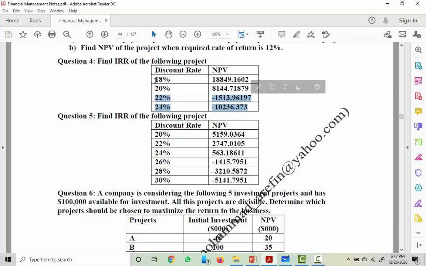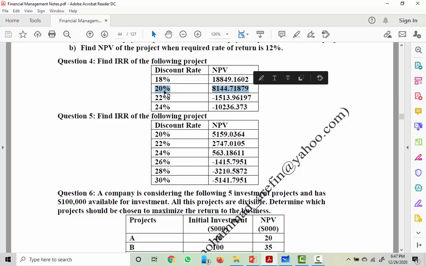If you notice carefully, when the discount rate was 18%, NPV was 18,849. But if you increase the discount rate to 20%, NPV is reduced.